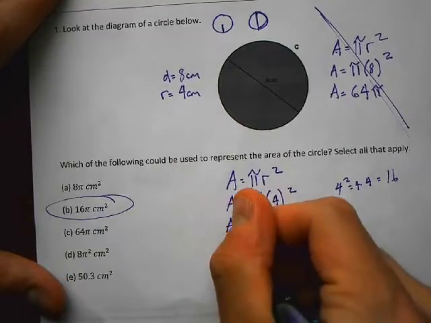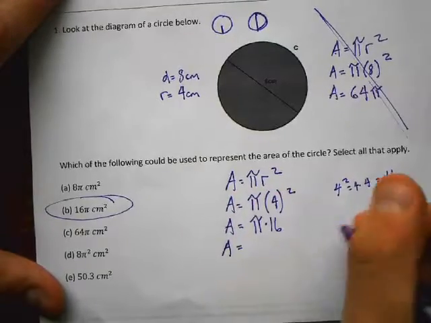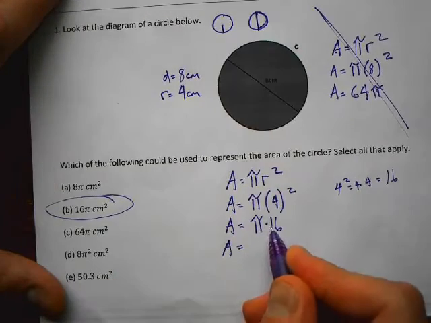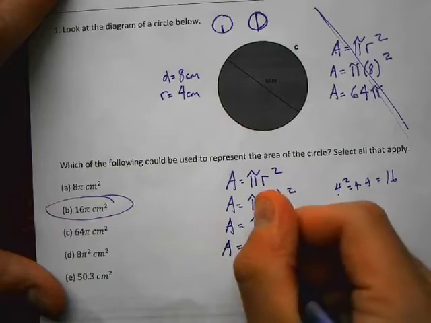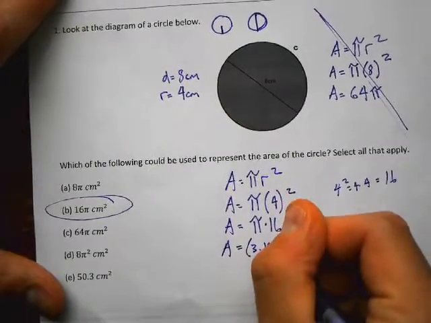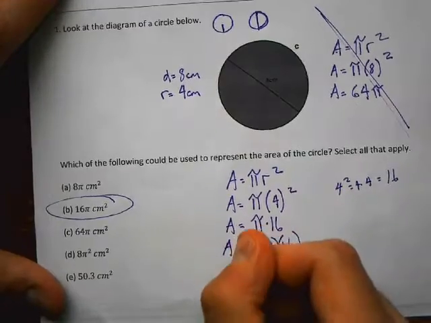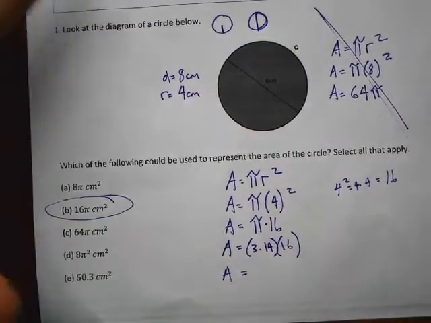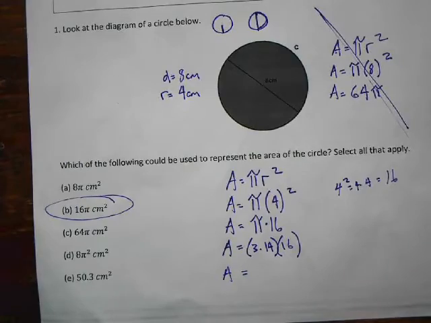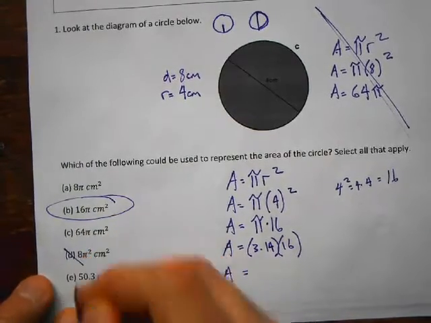And now let's keep going, substituting in an approximation for pi. Area is equal to pi times 16. Pi is approximately 3.14 times 16. And even before we get going here, we can see there's really only one answer here that's reasonable. 8 pi squared, that doesn't make sense.